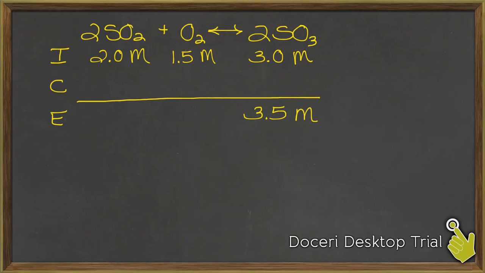If you will notice, guys, the molarity of SO3 increased. It went from 3 molar to 3.5 molar. So I'm going to put a little plus sign here, meaning that whatever the change that occurred there, it increased. Now, what does that mean for the reactant side? Well, guys, remember back from just the last lesson that we looked at.